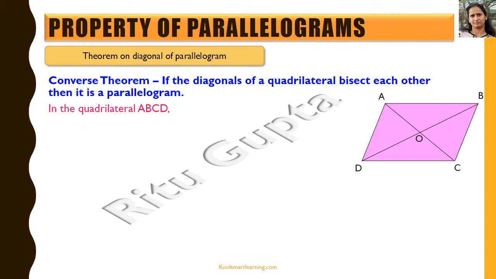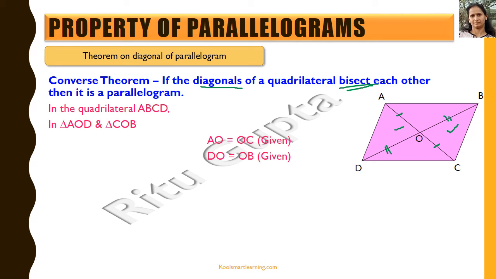Now in this quadrilateral ABCD, we'll again take the triangles AOD and COB. We know that AO is equal to OC, which is given because the diagonals are bisecting each other, and we also know that DO is equal to OB.